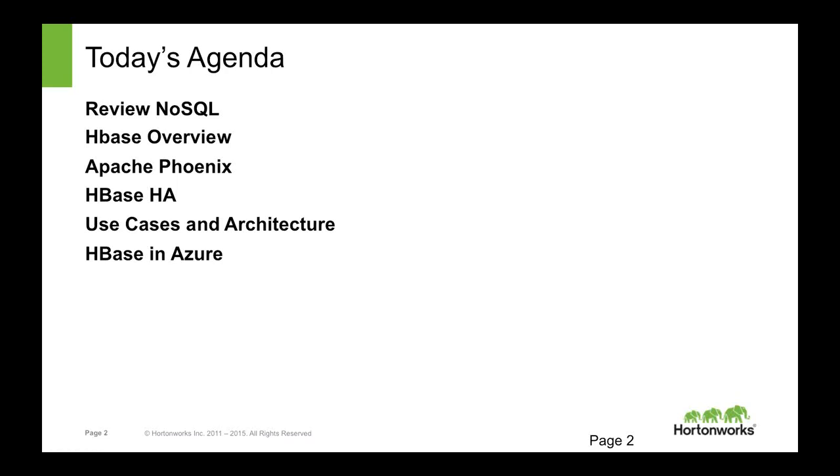We'll look at a fairly new implementation on the scene, which I find very exciting. If you're a SQL developer, you should find it exciting too, and that's Apache Phoenix. Finally, we'll take a quick note about HBase HA. We'll talk about use cases and architecture, and then have just a little talk about HBase and Azure and your options there.